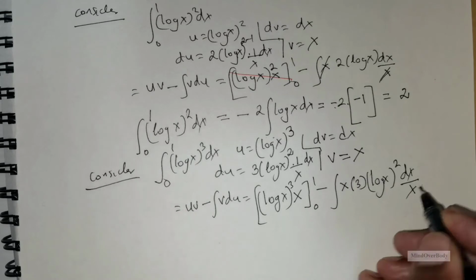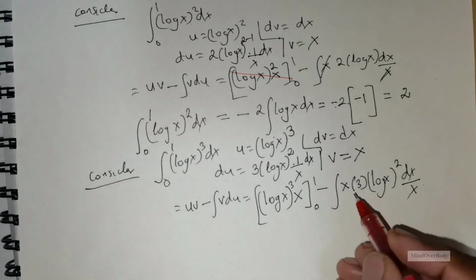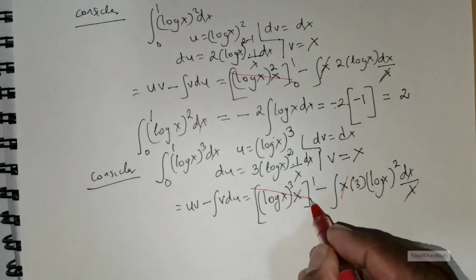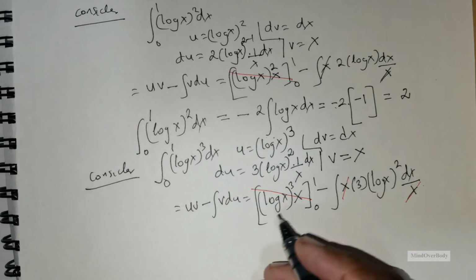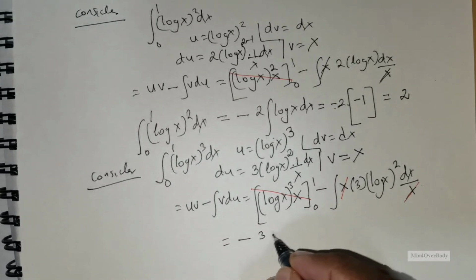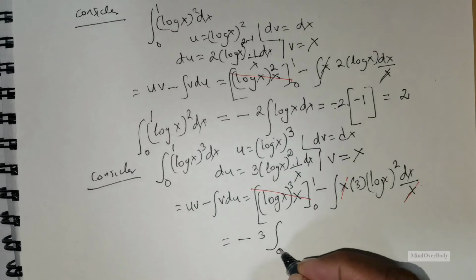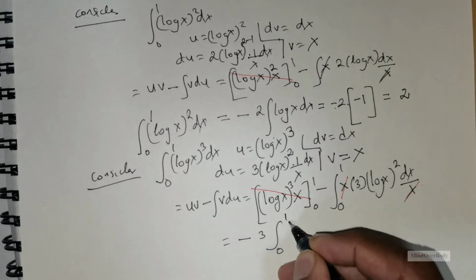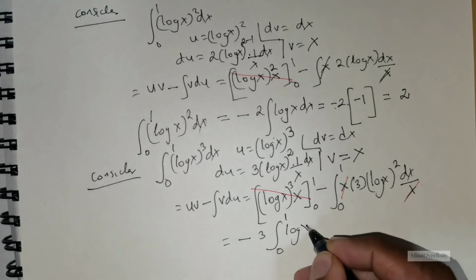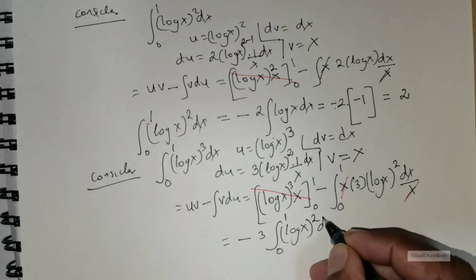So my x's can be cancelled here. Okay, so the boundary term is going to be 0. So the outcome is going to be negative 3 times the integral 0 to 1 of (log x) raised to the power 2 times dx.